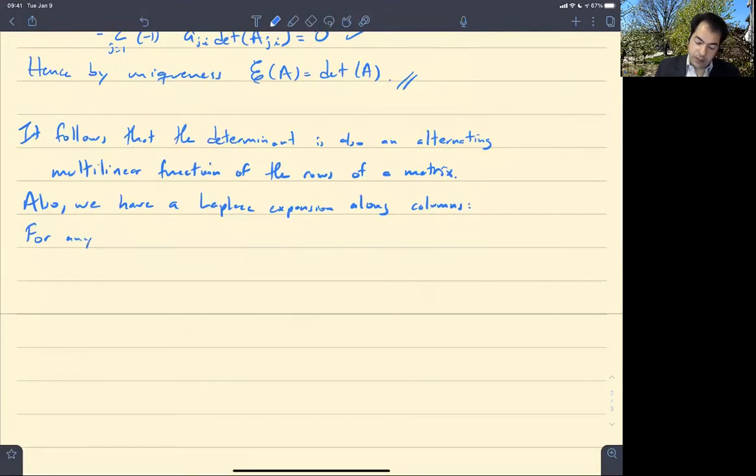Right, so this says for any j, the determinant of A is equal to the sum, i goes from 1 to n, of (-1)^(i+j) a_ij determinant A_ij.